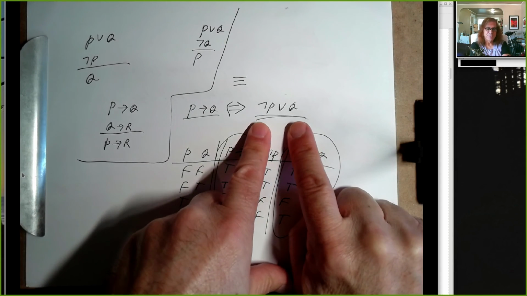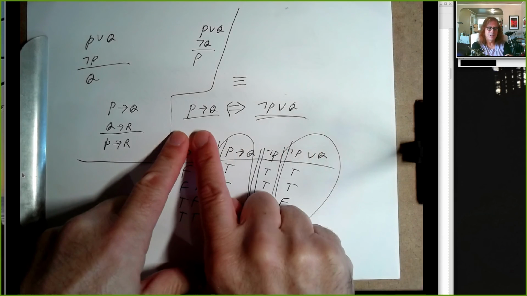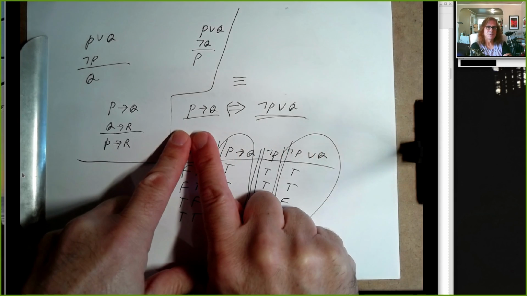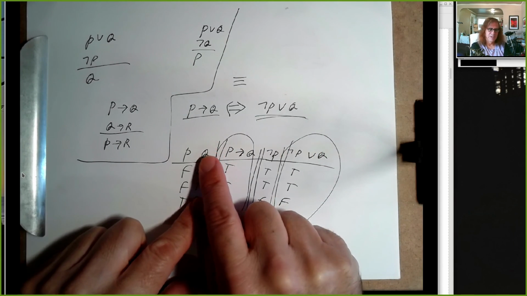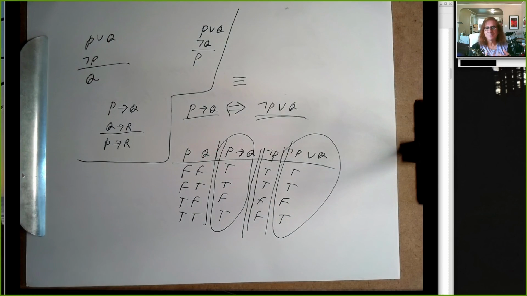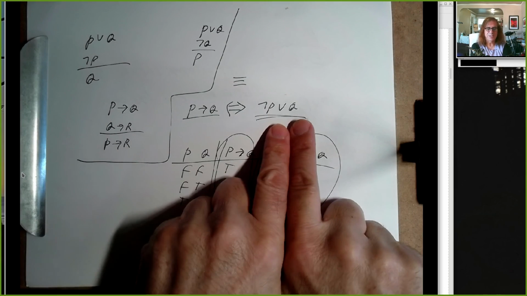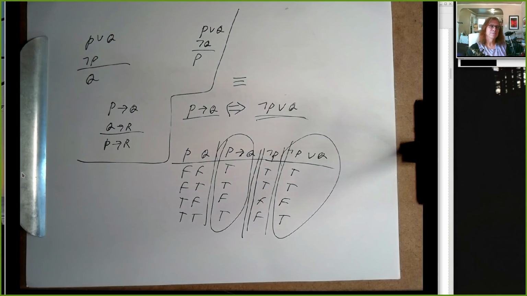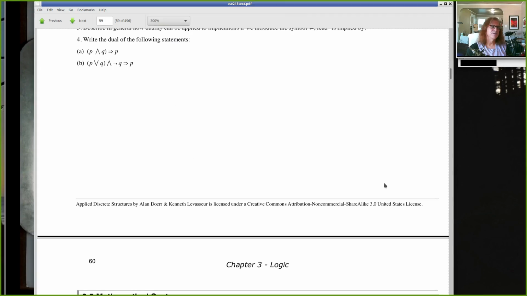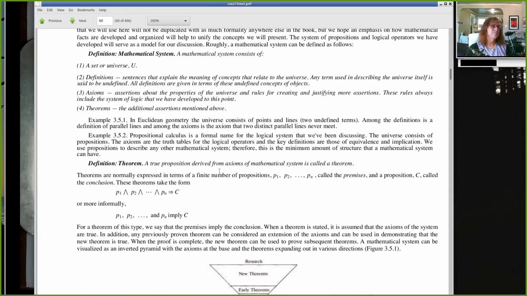Or if we have something in this form, we can replace it with a conditional statement. And depending on what else we're given in our proof and what else we've written down so far, it may be useful sometimes to switch from this to that or the other direction. All right, so these are our building blocks.